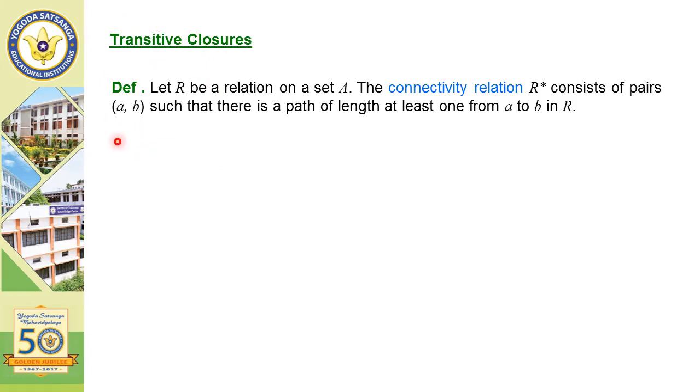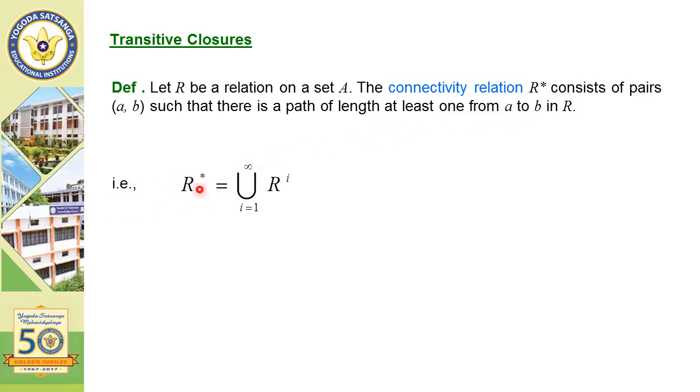All the elements hold the transitive property. According to the definition of transitive closure, the path length between any two pairs should be at least one.